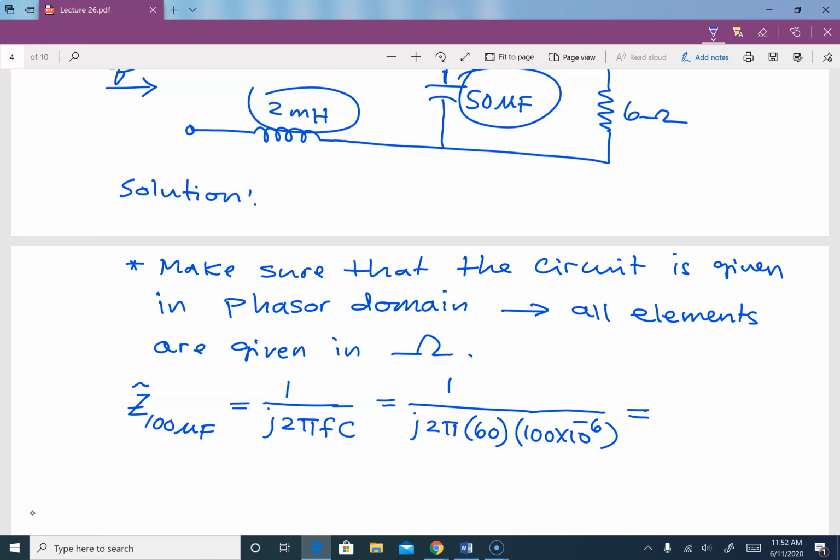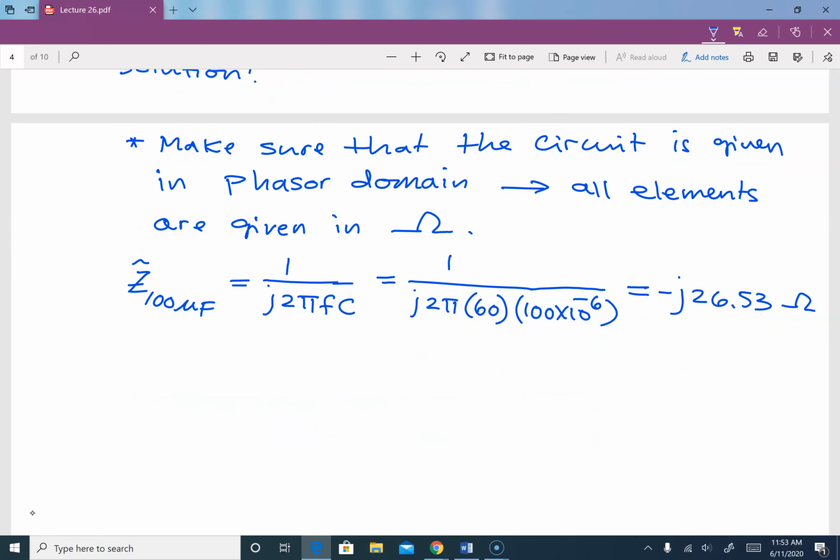Now look at this, I have the J in the denominator, I have to bring it to the numerator, then it will become negative J. Then I will divide 1 by 2 pi times 60 times 100 times 10 to negative 6. That will end up with 26.53, and that is given in ohm.